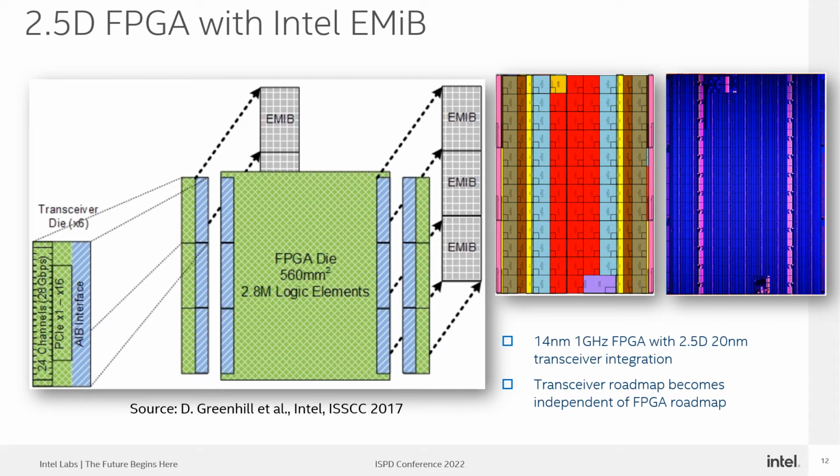Once we do that, there are many advantages. The 14 nanometer 1 gigahertz FPGA in the first generation with 2.5D, and we connected it to 20 nanometer transceivers. And then the transceiver roadmap was completely independent of the FPGA roadmap, and both designs can progress towards providing better and better solutions as we go forward.